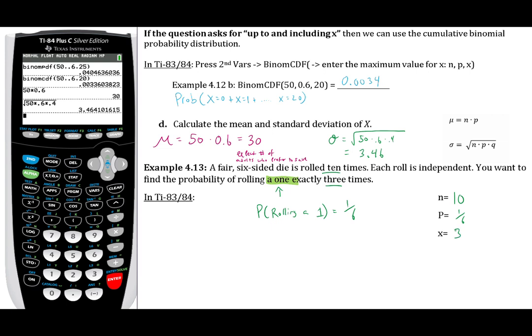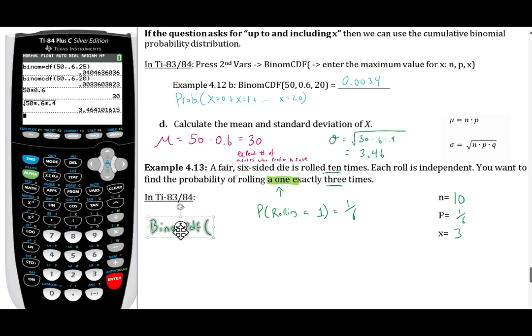So we can do this. In the TI-83/84, we're going to do binomial PDF of, let me move this down a little bit so it doesn't interfere, of 10 rolls with a probability of success of 1/6, where we have 3 successes. Let me clear my calculator screen.